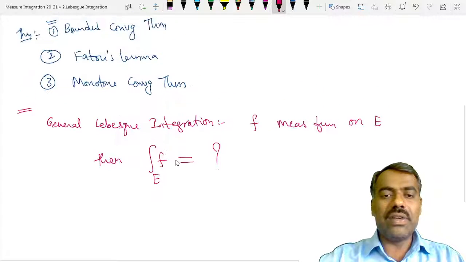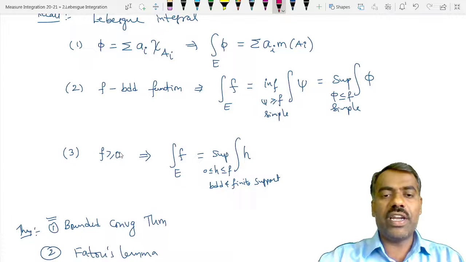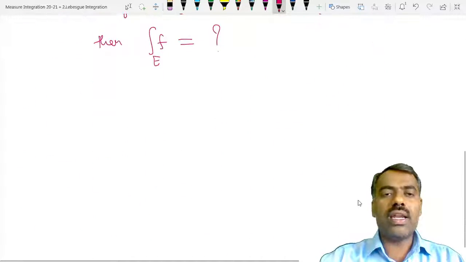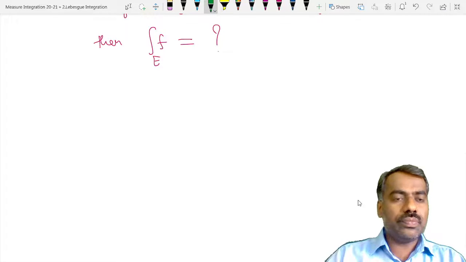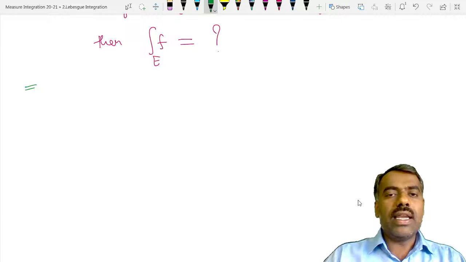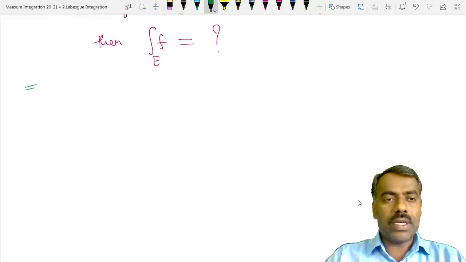Obviously we will define this in terms of non-negative functions, f greater than or equal to 0. So for that we define what is meant by the positive part and the negative part. Then we will see how we can define the integration of f using that.